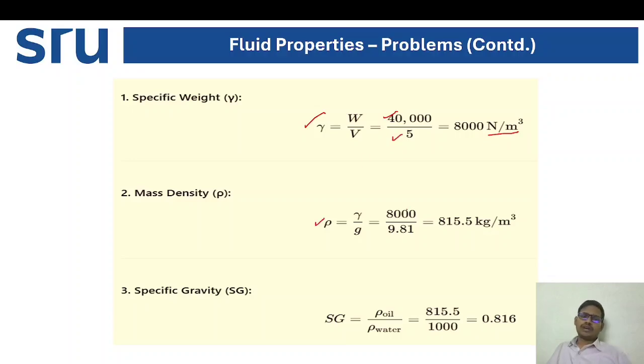And rho is equal to gamma by G, that is 8000 by 9.81, which is 815.5 kg per meter cube. And the specific gravity, it may be S, or SG, or G, is rho oil by rho water, equal to 815.5 by standard 1000, that is equal to 0.816.